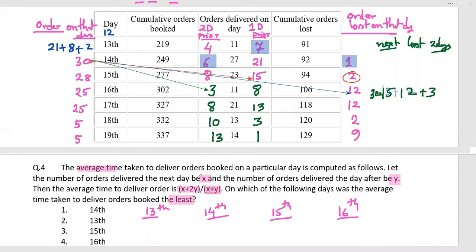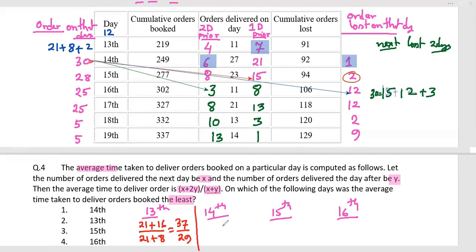X is the orders delivered the next day. 13th, next day orders delivered 21. So 21 plus next orders delivered 8. 8 into 2, 16, by 21 plus 8. So it is 37 by 29.